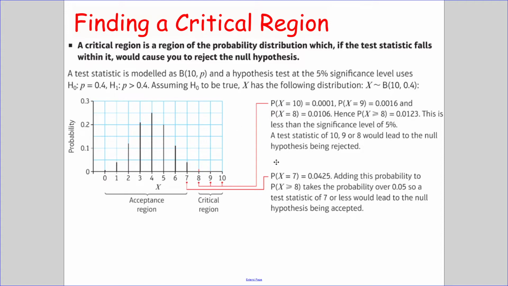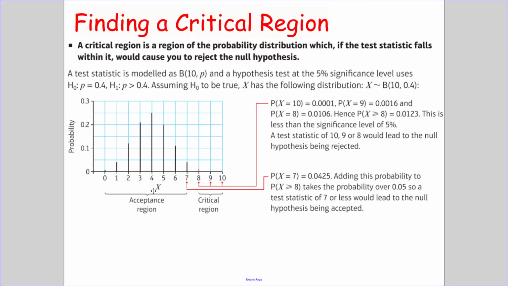The probability of getting 7, 8, 9 and 10 is bigger than 5%, so 7 will not fit into our 5% critical region. So this area here is our acceptance region. If we get one of these outcomes, so anything from 0 successes up to 7 successes, we will conclude that we accept H0.